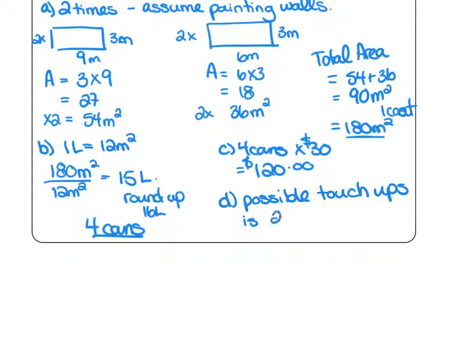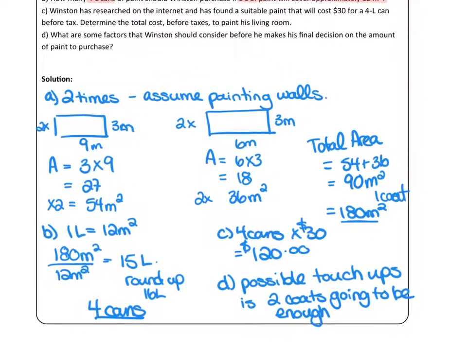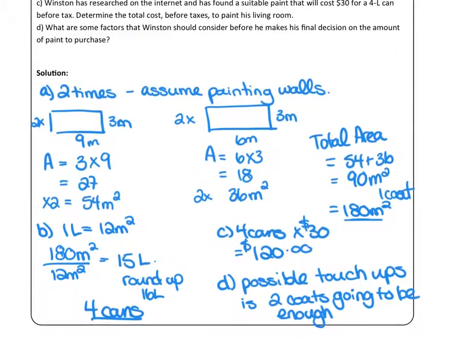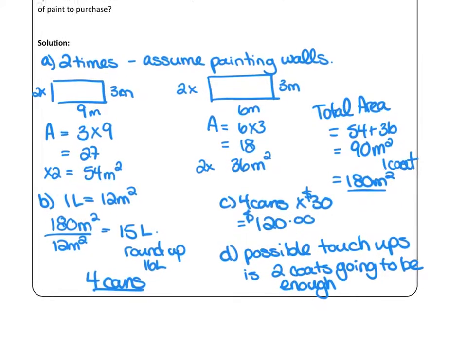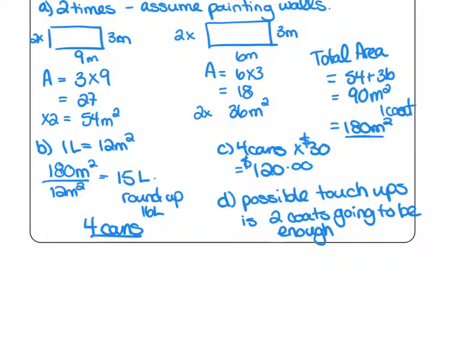Is 2 coats going to be enough? What else? What are factors that Winston should consider? So you can come up with some of your own possible reasons what else he needs to consider.